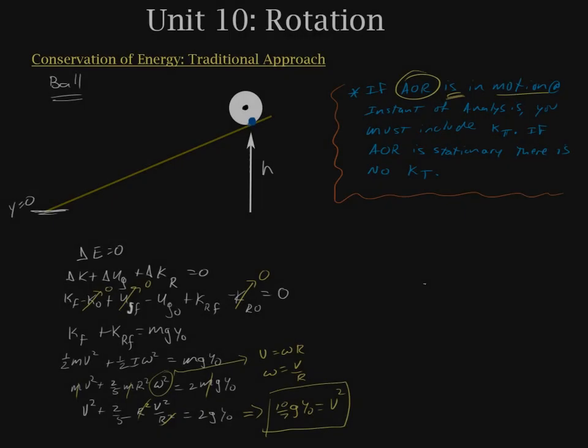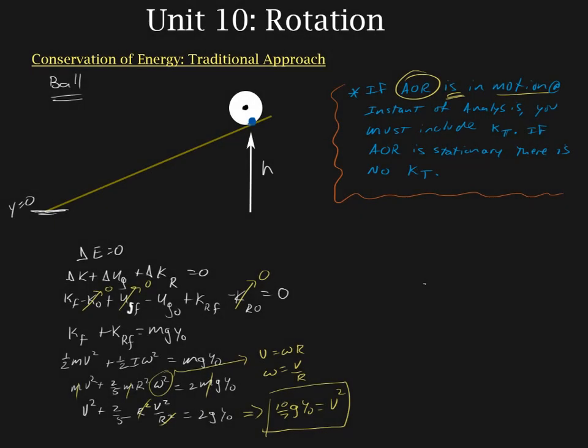Okay, so right now looking at this video, you might be experiencing a little bit of deja vu, but really it's not. What I've done is I'm showing you the work that we had done back when we were doing conservation of energy.